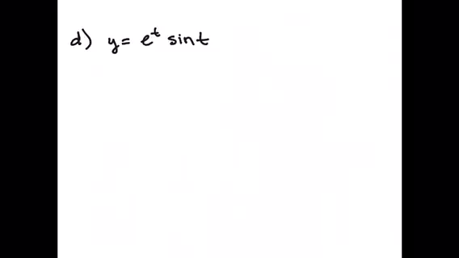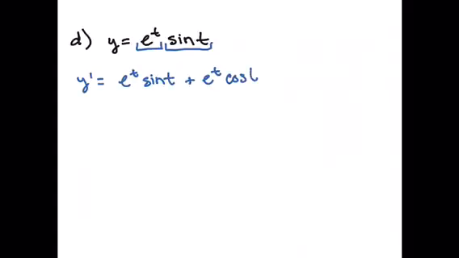All right, this problem is going to be a product rule. I've got e to the t times sine t. So my first derivative is the derivative of the first, that would be e to the t, times the second function, which is sine t, plus the first function, e to the t, times the derivative of the second function. Derivative of sine is cosine.